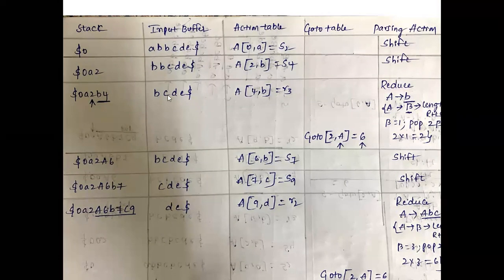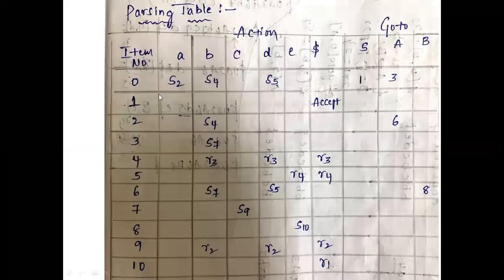My input is A, B, B, C, D, E. Initially my stack contains 0. So I'm performing the action now. Action of 0 comma A. See in the table, 0 with A. What do we have in that entry?